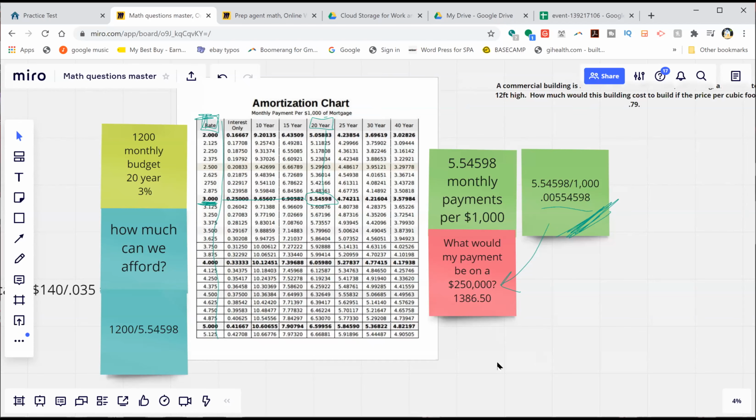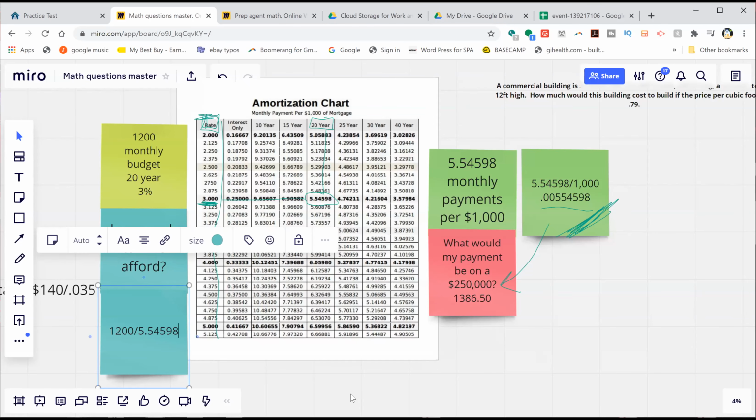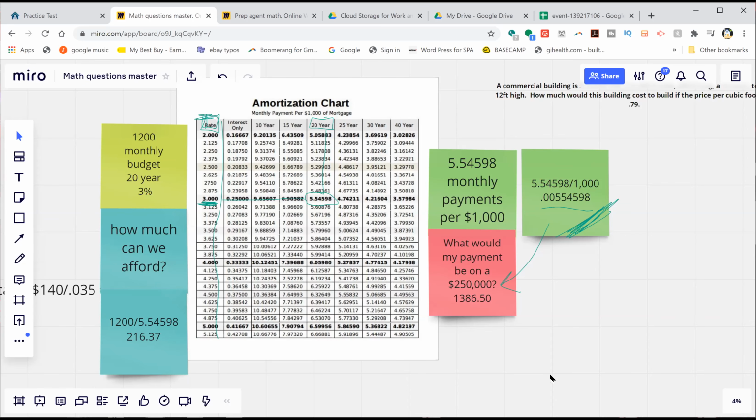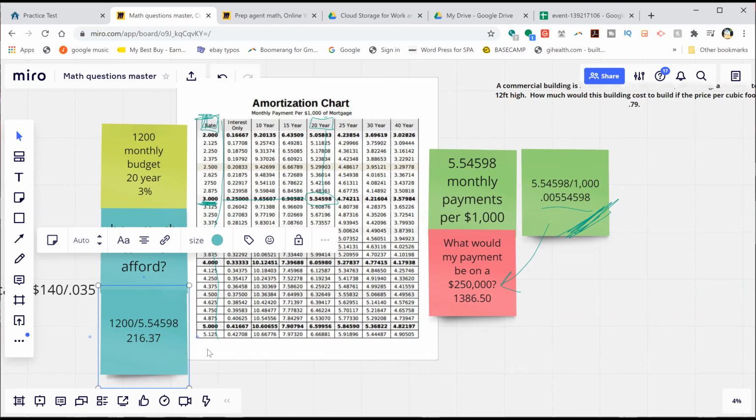Our monthly budget is $1,200, okay? And that would give us $216.37. Now, the 216.37 is how many of the payments fit into our budget, okay? So we now have to multiply by 1,000 to figure that out.